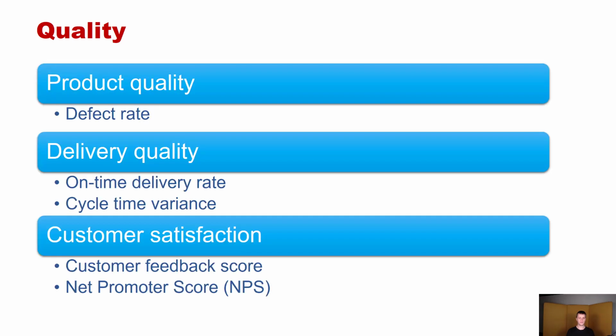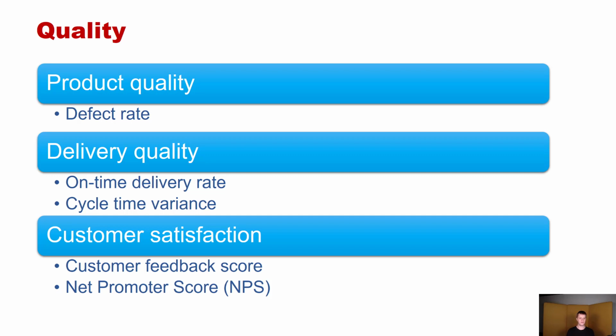And the final dimension that I mentioned is quality. When it comes to quality, there are three aspects that we want to mainly look at. First off, product quality. This is in general measured in terms of the defect rate. So what is the ratio of process instances that end up in a negative or undesired state.